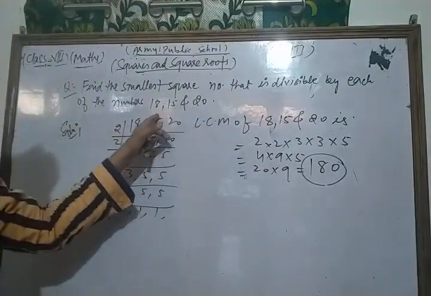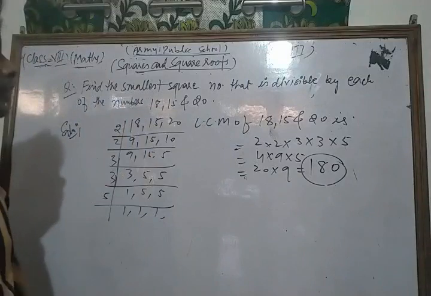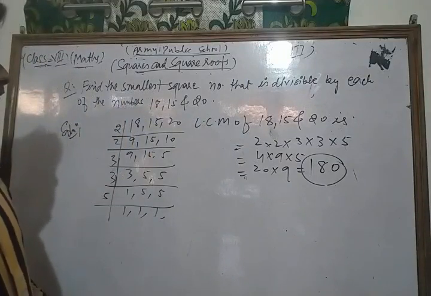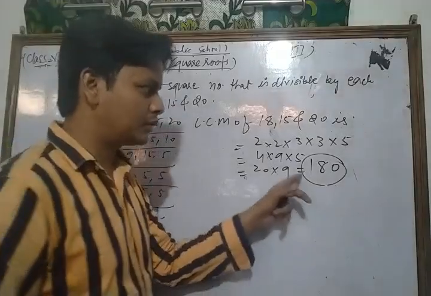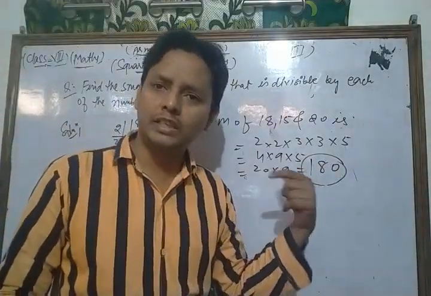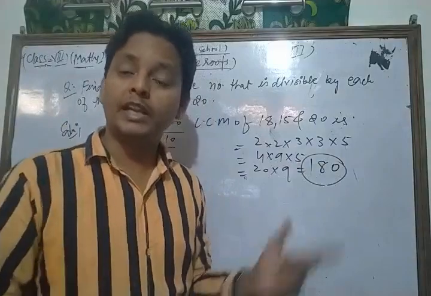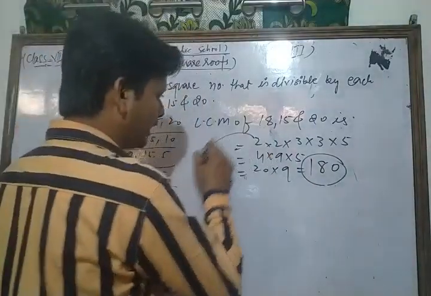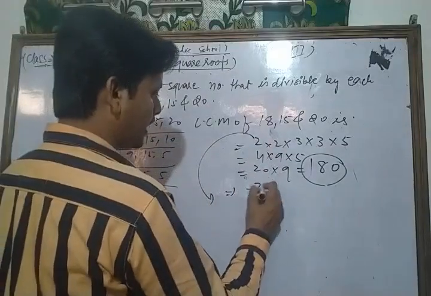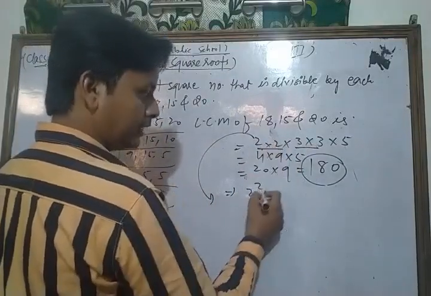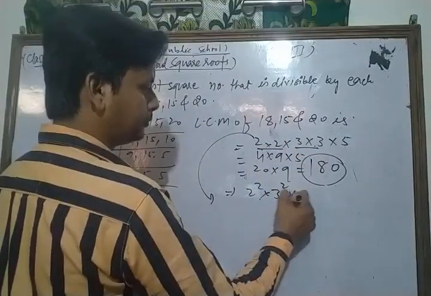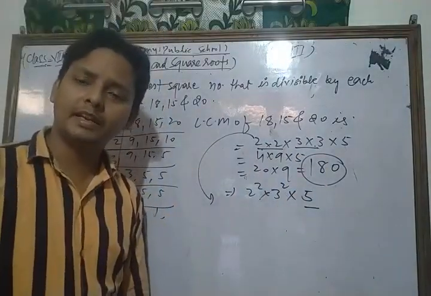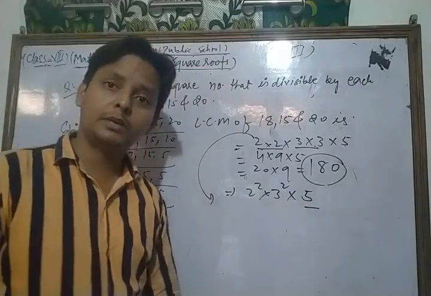We find the smallest square number that is divisible by each of the numbers. That number is divisible by each of the given numbers, because it is the LCM of the given numbers, but it is not a perfect square. Why is it not a perfect square? Because here we write 2 square, 2 is in a pair, 3 is in a pair, but 5 is not in a pair.